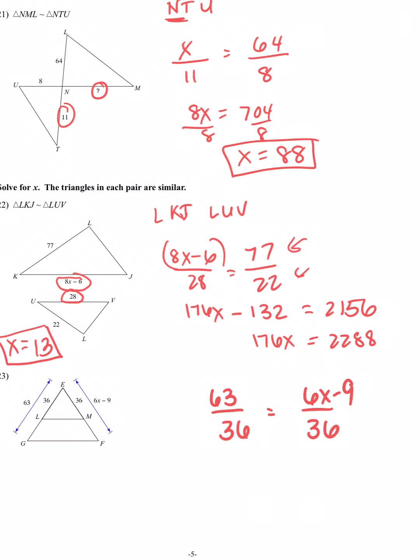So when you cross multiply, you get 216x minus 324 equals 63 times 36, which is 2268. When you add 324 to that, you get 2592 equals 216x. And when you divide both sides by 216, you get 12. So x equals 12.